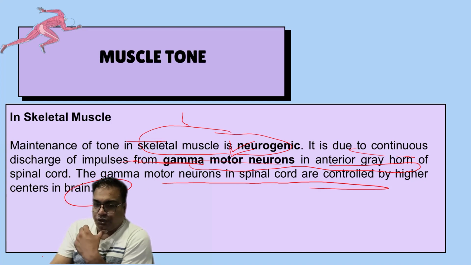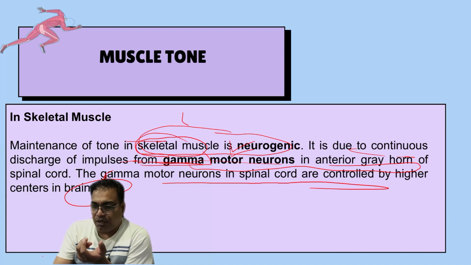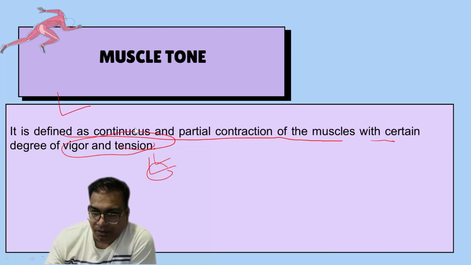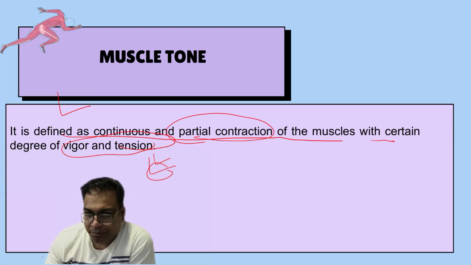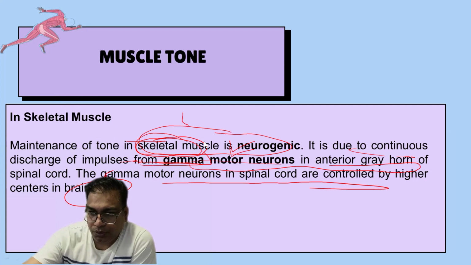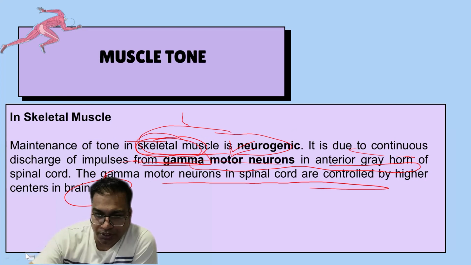So due to regular discharge of impulses from these gamma motor neurons, skeletal muscles are always in a contraction state, but it is of partial nature, and this is called muscle tone. This muscle tone is controlled by the higher center of the brain through the gamma motor neurons.